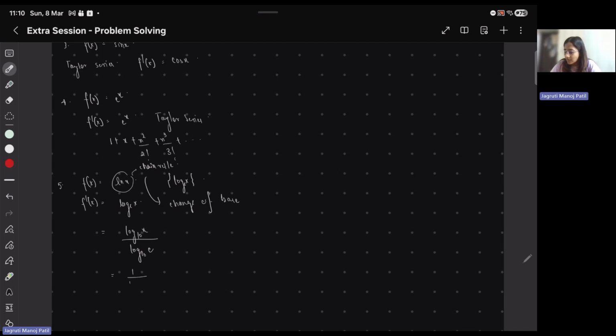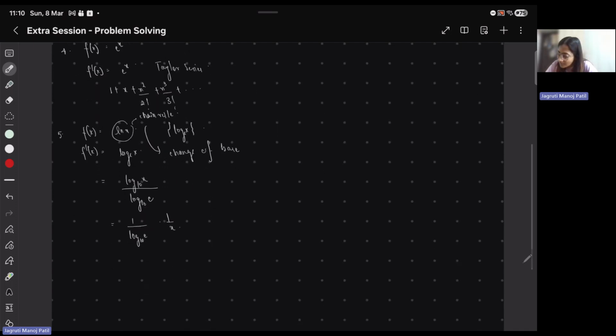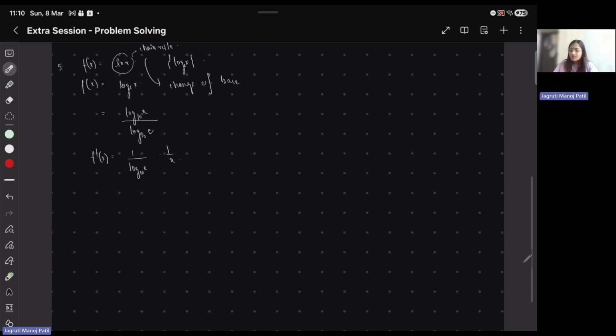Now you have 1 by log base 10 of e, and you have 1 by x. So that's the derivative for your log x. This is your function f of x, and this is your f dash of x. I hope it's clear.